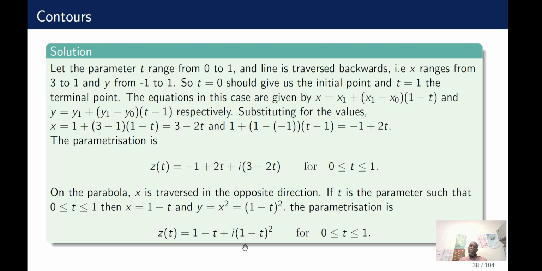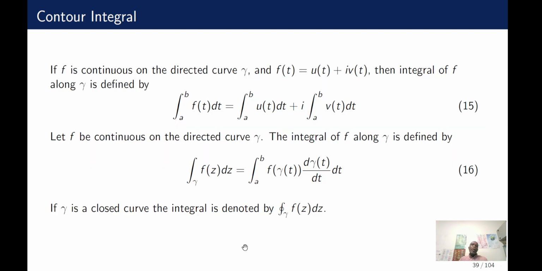Now, let us go to the next part here. Now we want to make use of these parameterizations to get path integrals. So here is how we define our contour integrals.